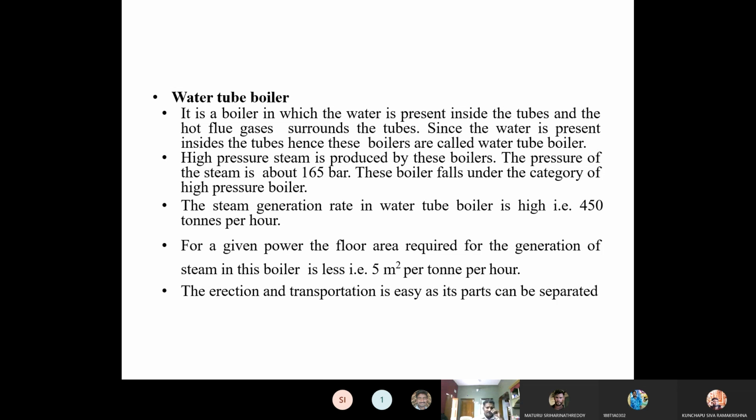The steam generation rate in a water tube boiler is very high, approximately 450 tons per hour. Per one hour we can generate 450 tons of steam.